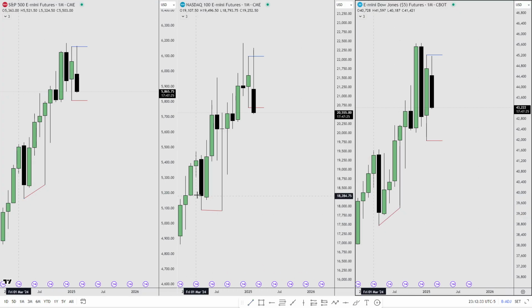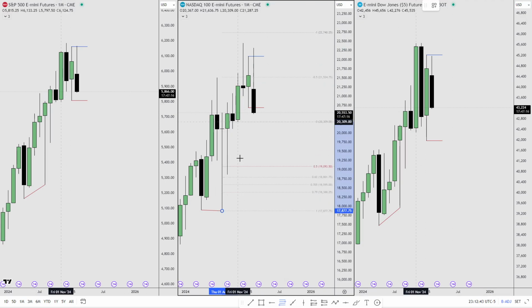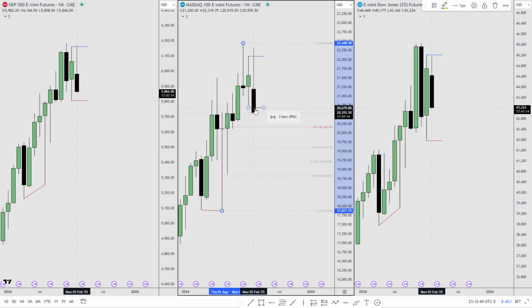Therefore, I would be using this swing low to this swing high as the range, the current dealing range. And over here below the wick, we would be in discount. So you only want to look for longs when you're in discount.